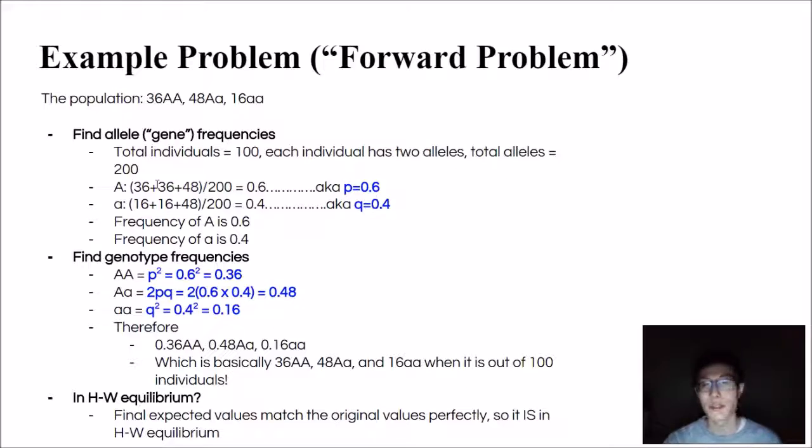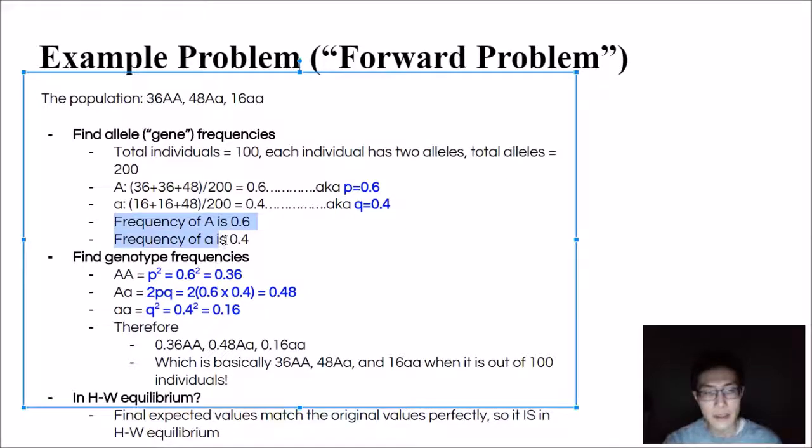And you can actually do this the quick way: if you figure out your p value and you know that p plus q equals 1, then if you have 0.6 for p, q is obviously 0.4. So we know that the frequency of A is 0.6, and the frequency of little a is 0.4. So these are your allele or gene frequencies.